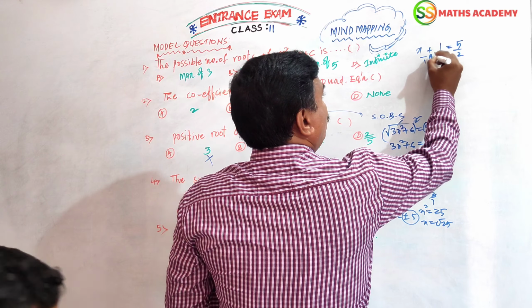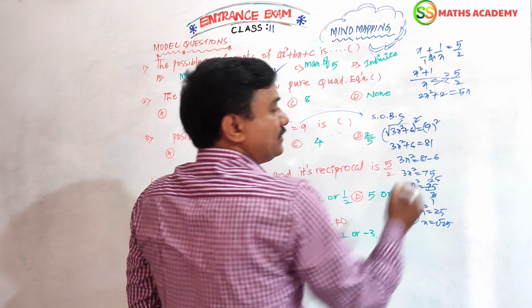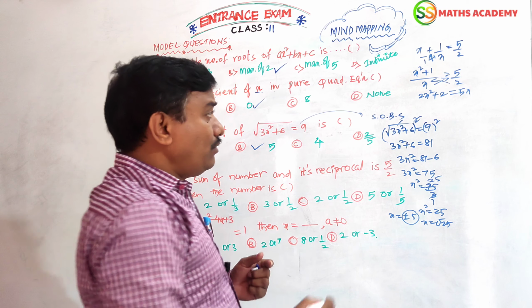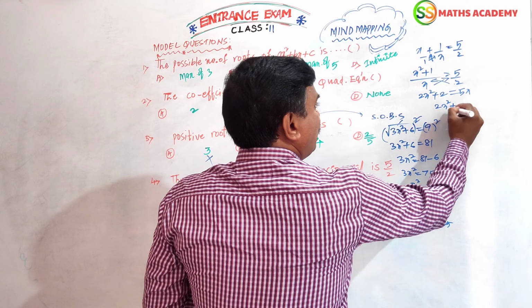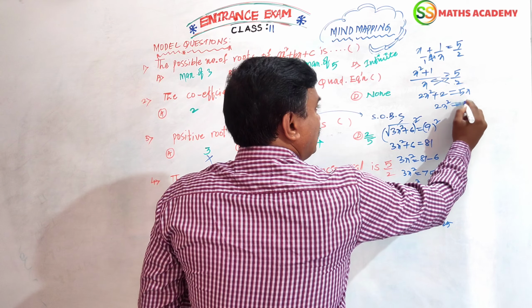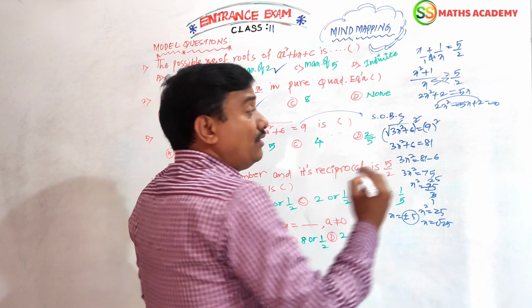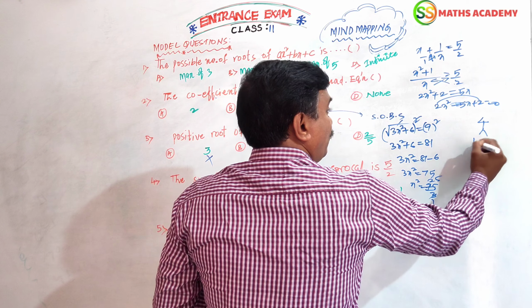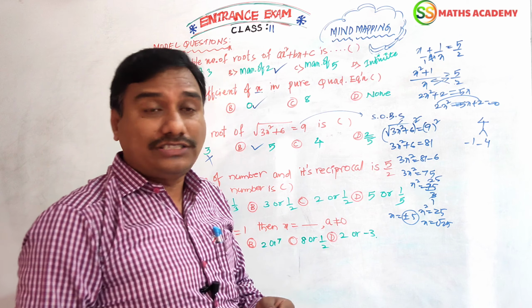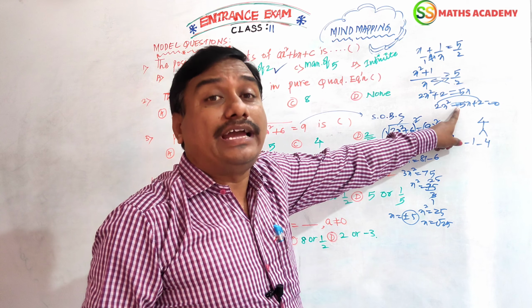After doing cross multiplication again, 2 into x square, 2x square, plus 2 times 1 is 2, equals 5 into x, 5x. Now we are getting one quadratic equation: 2x square minus 5x plus 2 equals 0. 2 into 2 is 4, factorization of 4: minus 1 and minus 4, because here the middle term is minus 5.